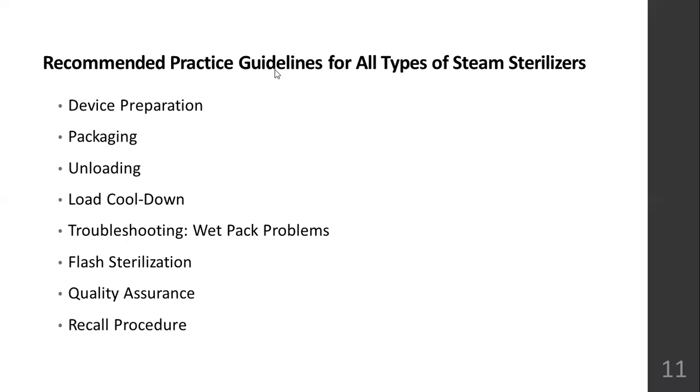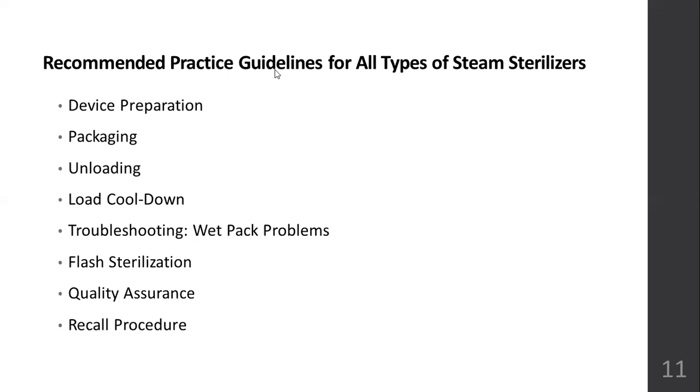Steam, once it gets into a cold temperature, will condense and form pools of water. But if you find these pools of water trapped inside the sterile pack, that's what we call wet pack problems. In these situations, troubleshooting has to be done. You have to shut down the device for a while, get the maintenance done, and then see how it functions later on.